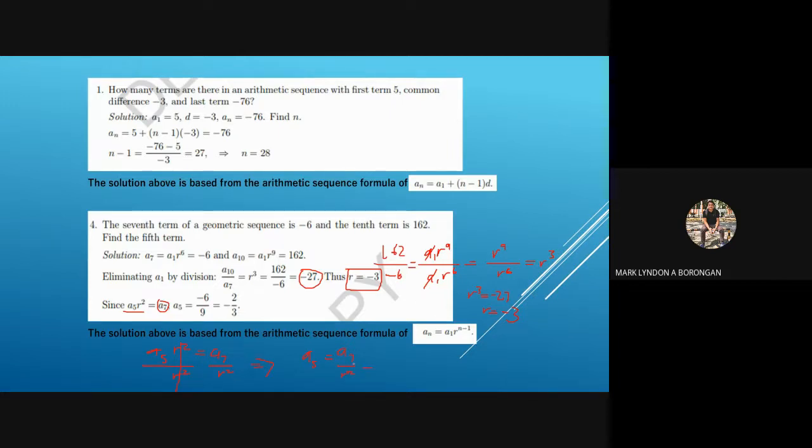The a sub 7 is given, which is negative 6, and r is negative 3. So negative 3 squared is 9, giving negative 6 over 9. If we simplify, you get negative 2 over 3. So that is our fifth term.